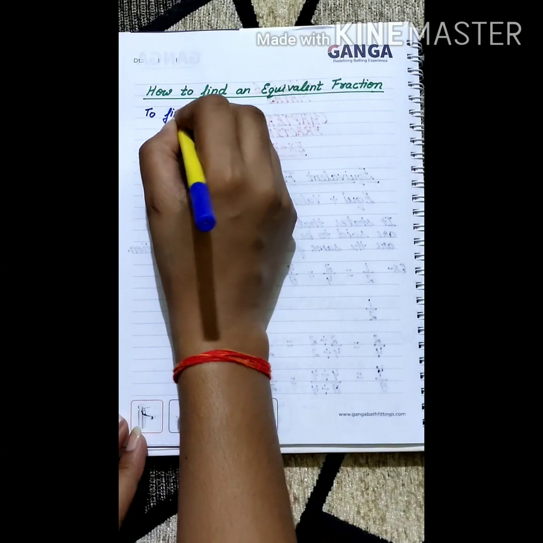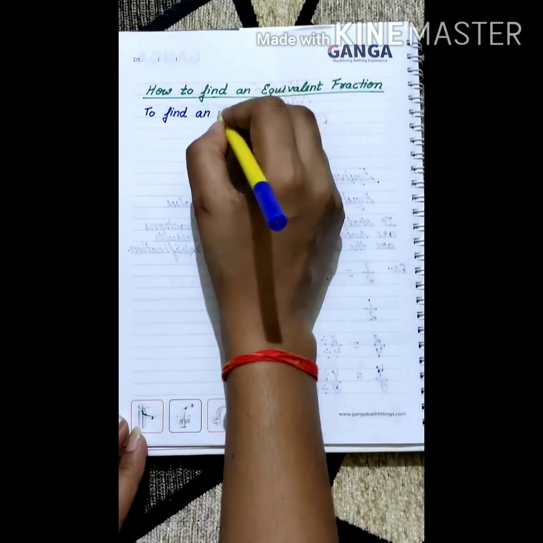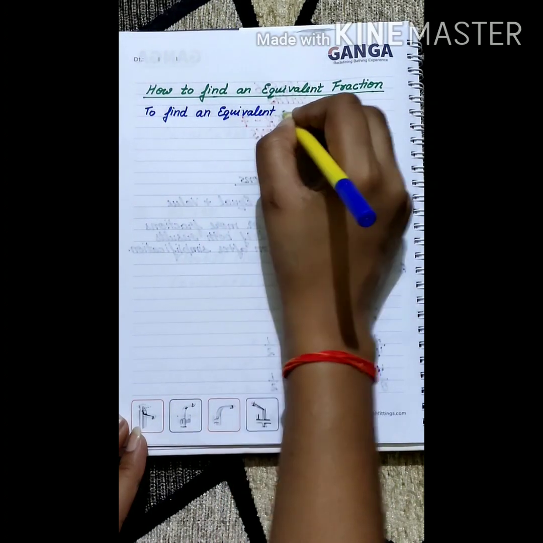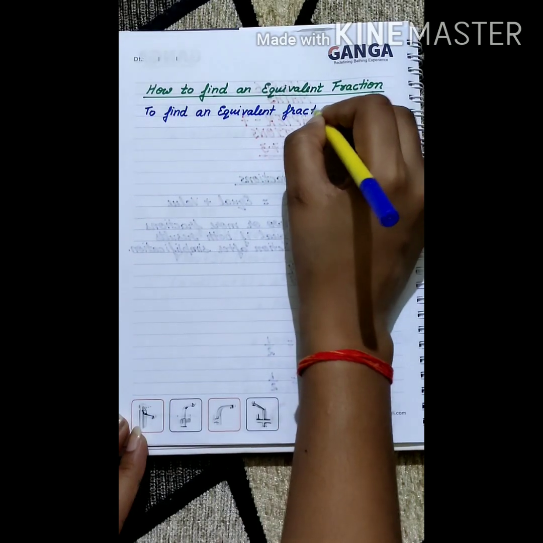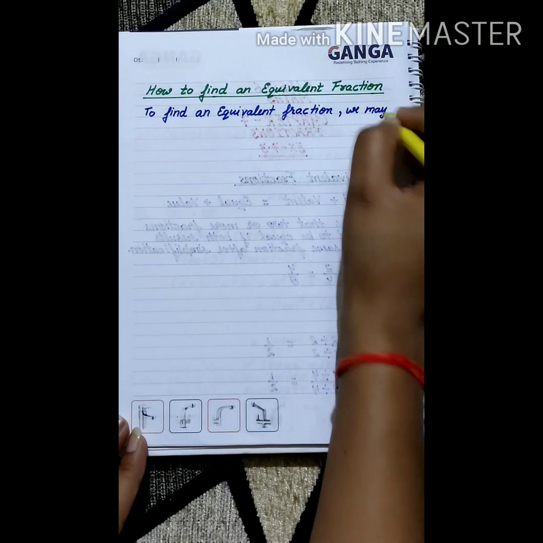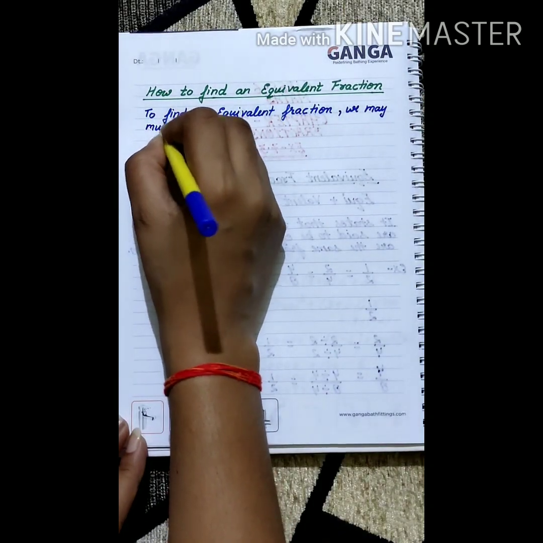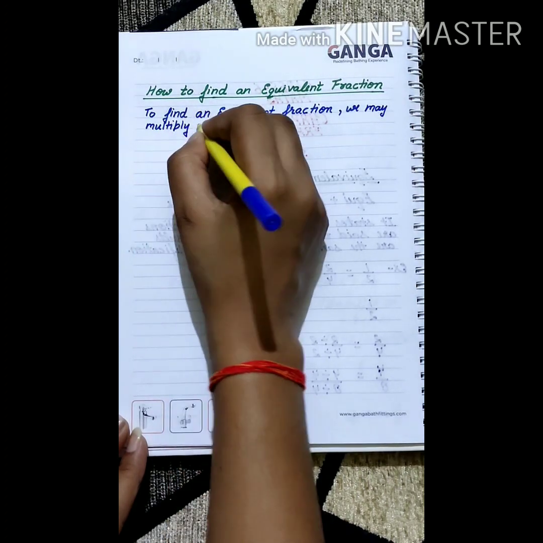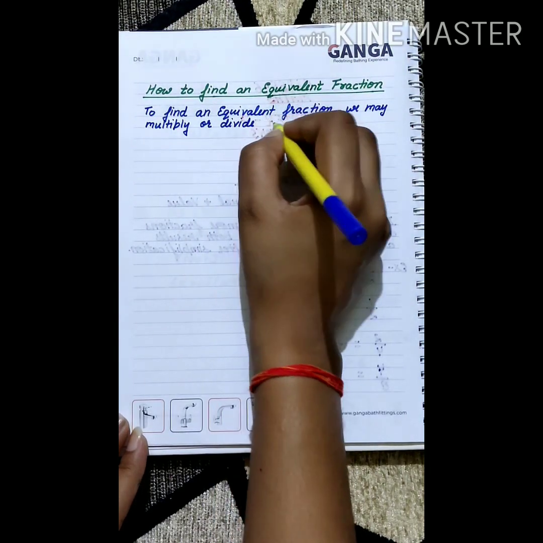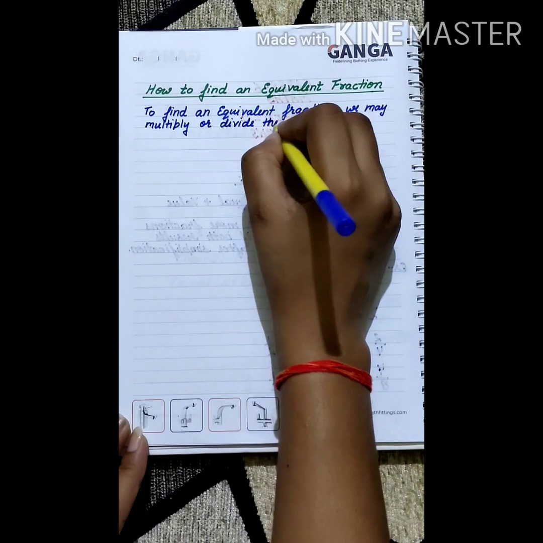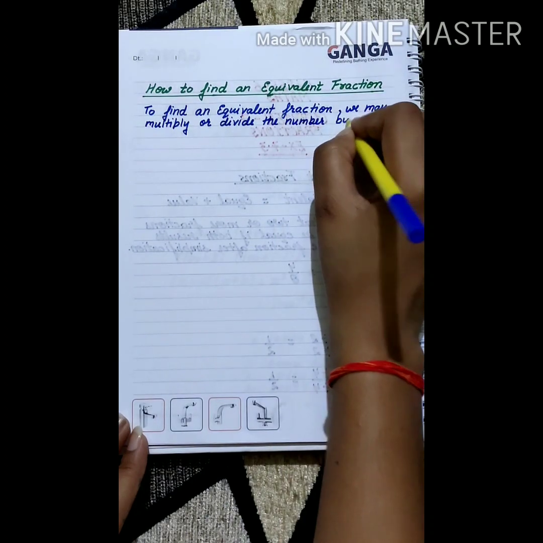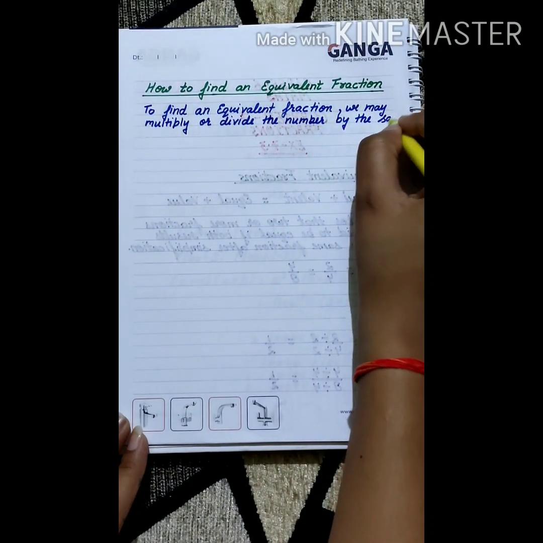To find an equivalent fraction, we may multiply or divide the number by the same number.